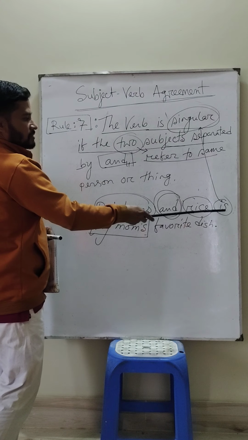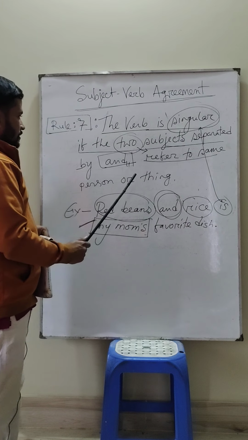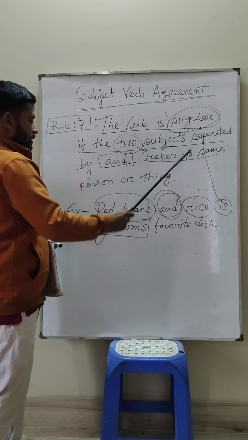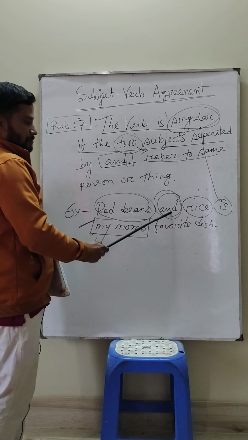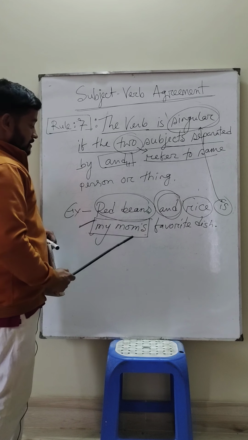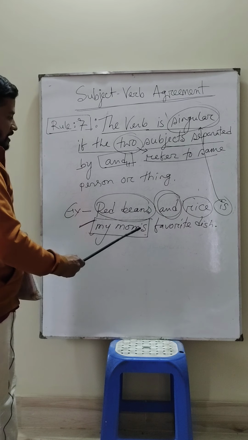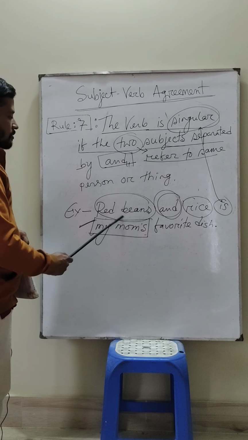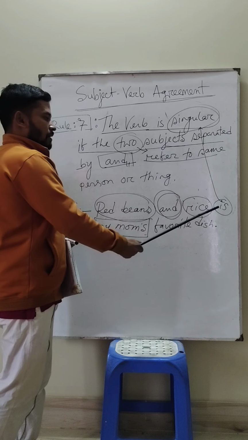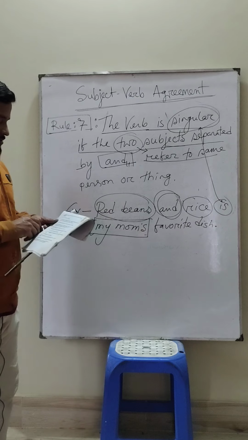Here the verb must be singular because the two subjects, red beans and rice, separated by "and", refer to the same thing. That is, here you see in this sentence only one person or one subject or one thing, my mom. So this verb must be singular.